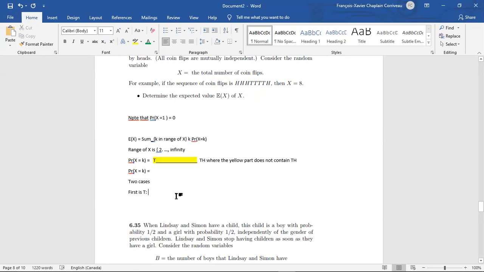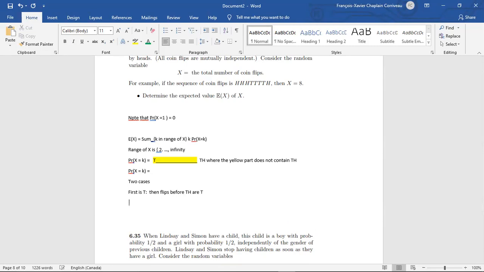Right? So if the first is tail, then all flips before tails head are tails. Okay, now if the first is head, what do I know?